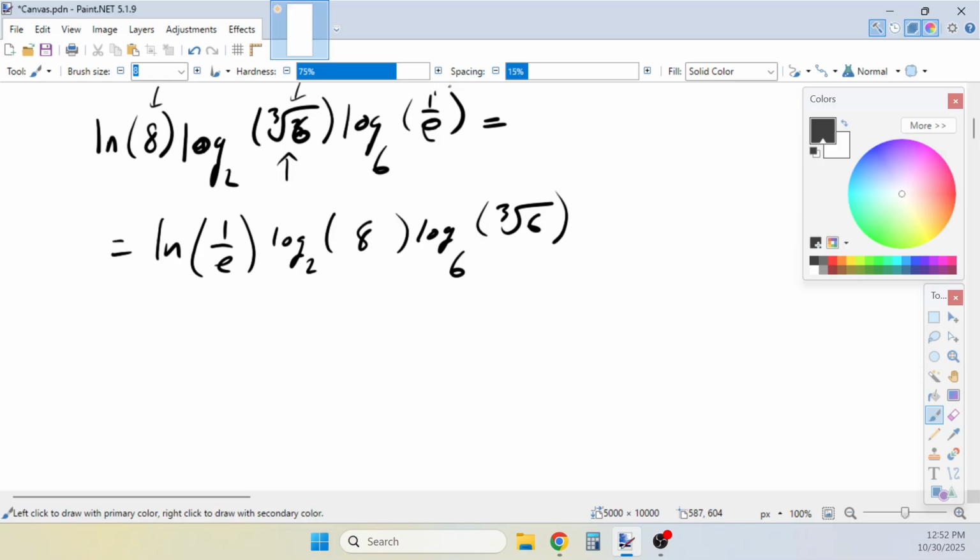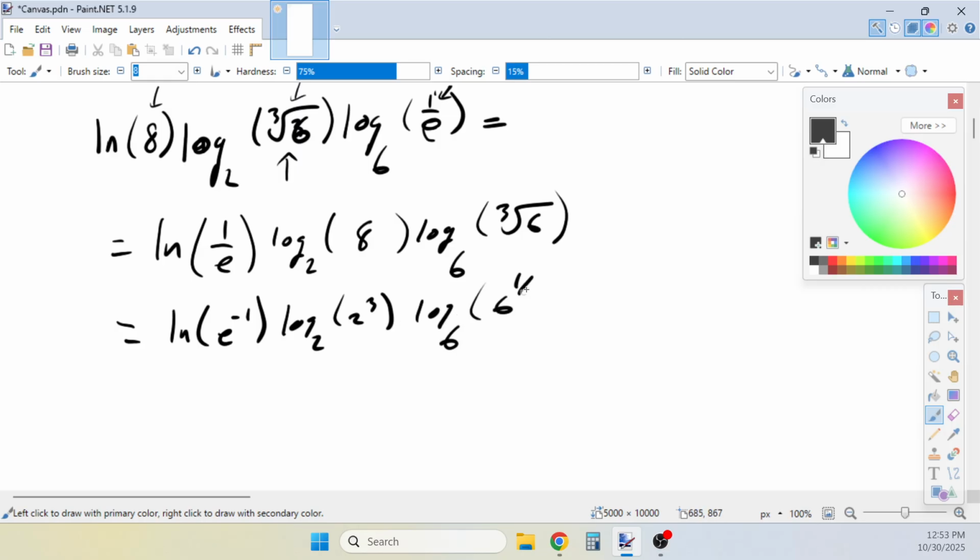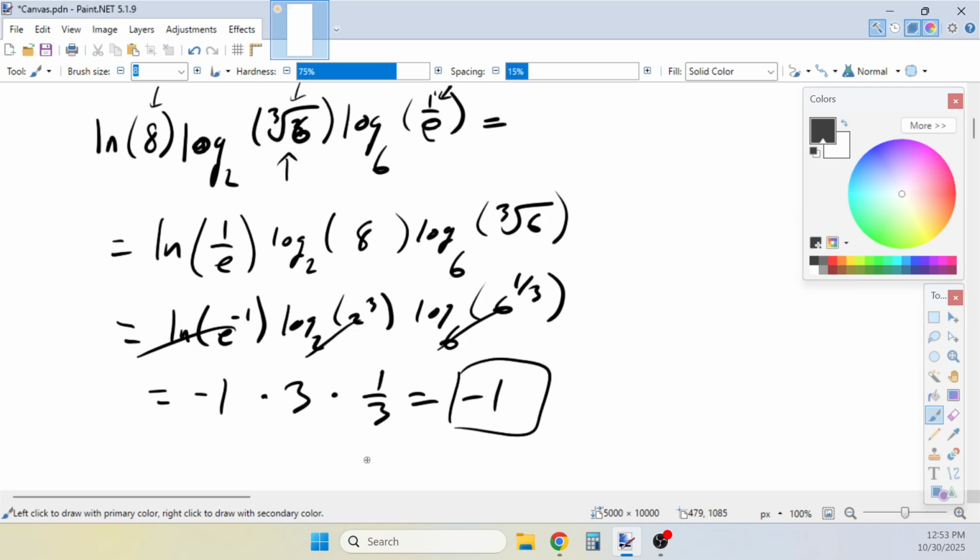I didn't change any, just moved them. Really neat trick. But 1 over e to the 1 is negative 1, ln of e to the 1, leaving.